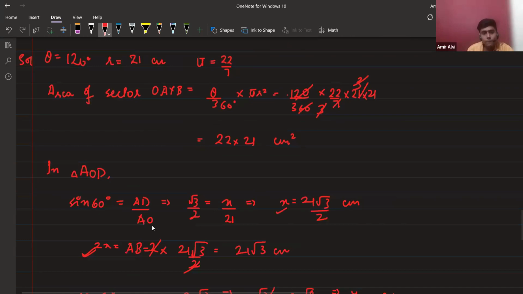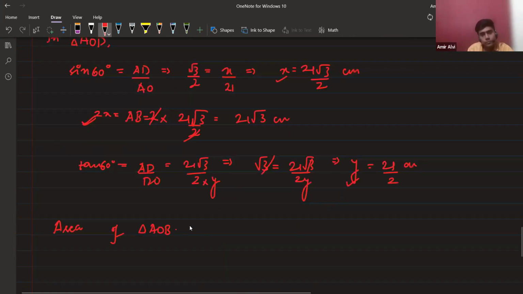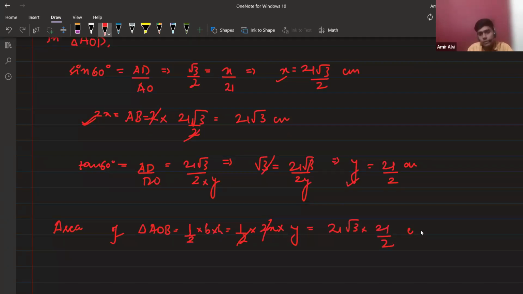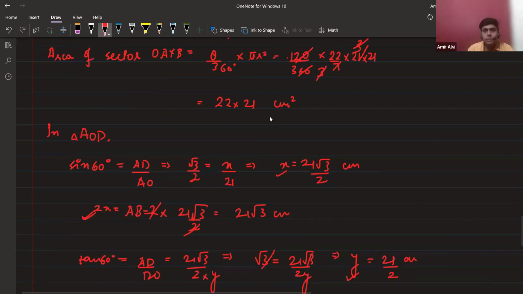AOB. Half base into height, so 1 by 2 into 2x into y. So 2x will cancel out this. x is nothing but 21 root 3 into 21 by 2 centimeter square.